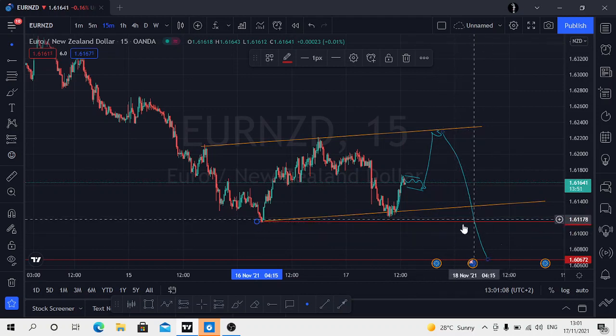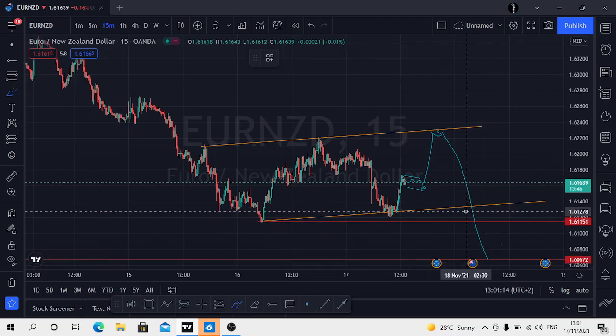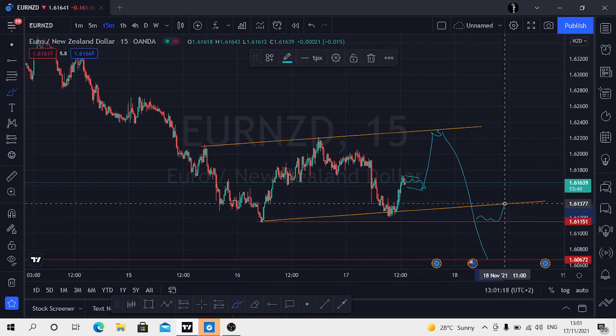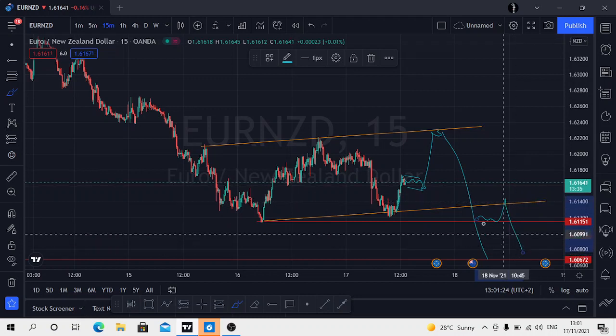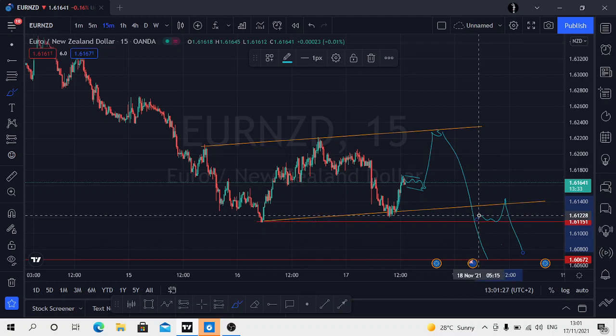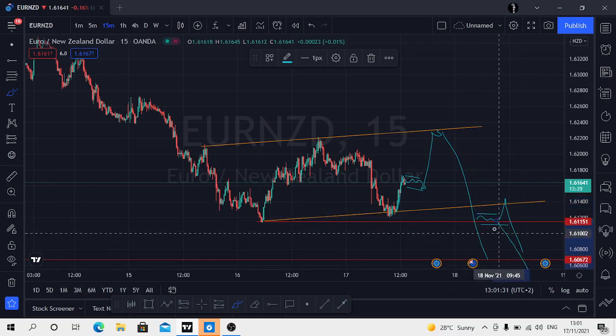So now price is going to come here, create our first take profit, and then what we can expect is one of two things at this particular location. We can expect price to play around, come back in, poke in here, create our retest, and then shoot back down, or we can expect price to just create a continuation pattern at this point and then just shoot down directly.